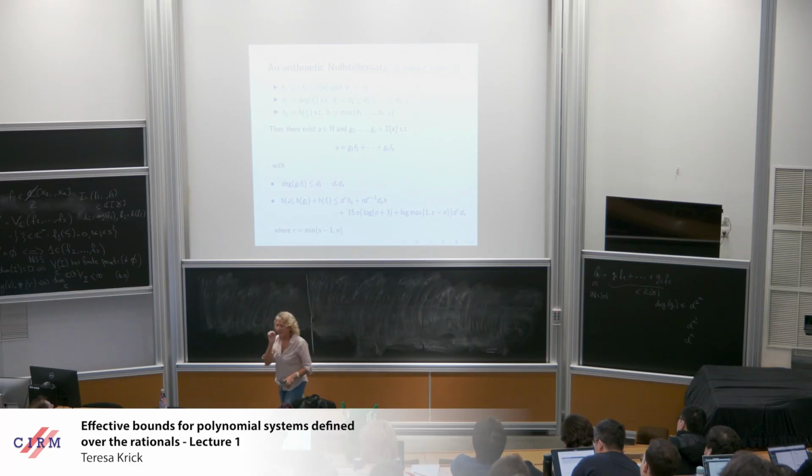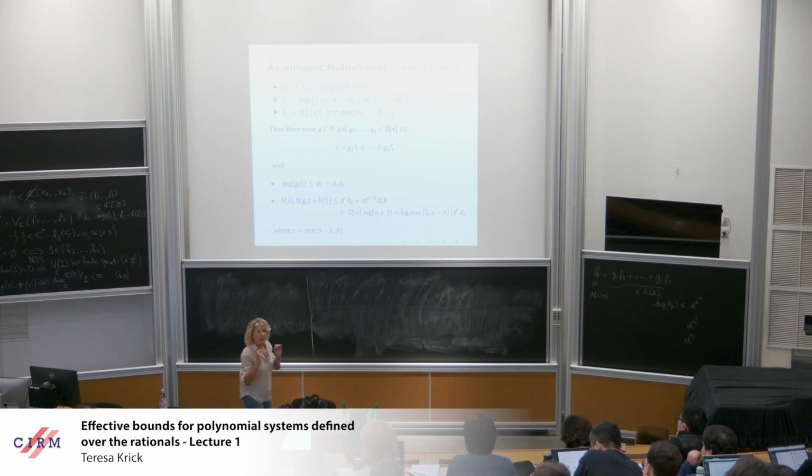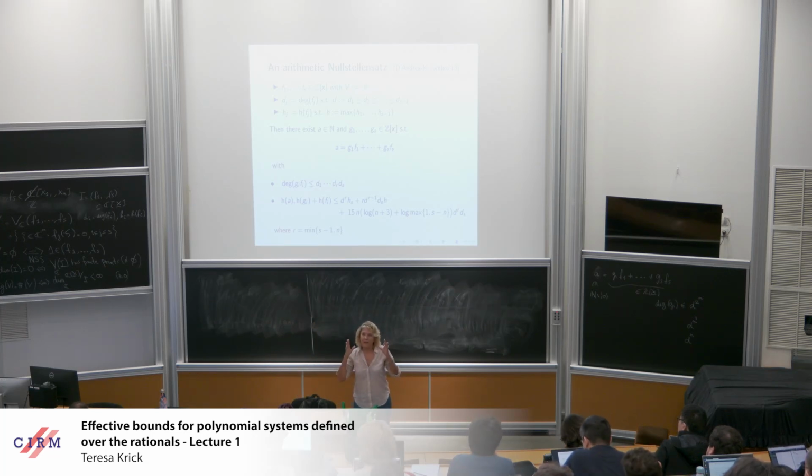But what is interesting with the shape lemma is that it shows that if you have an ideal which is zero-dimensional, that is, it defines only a finite number of points, this ideal essentially works as a univariate ideal.